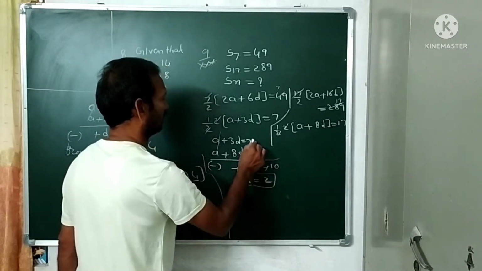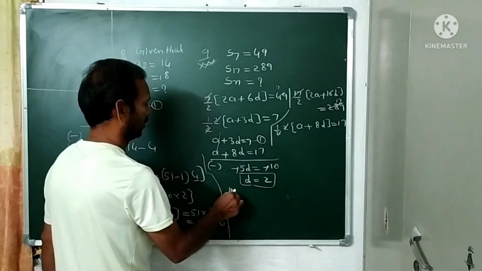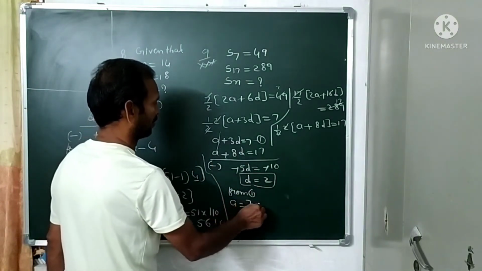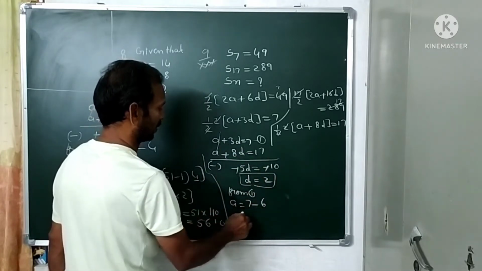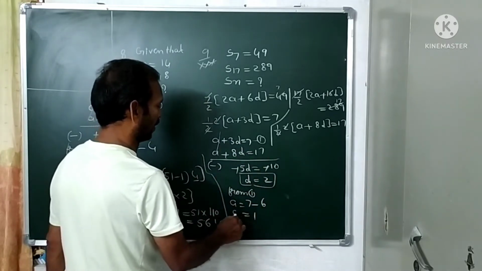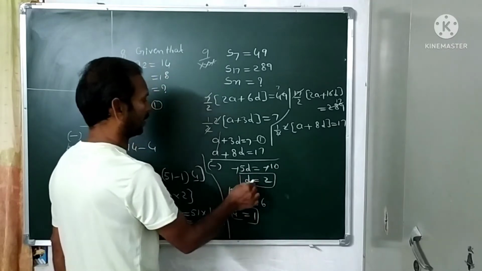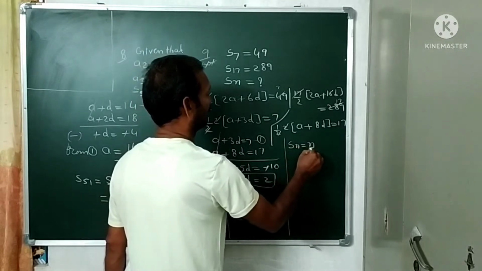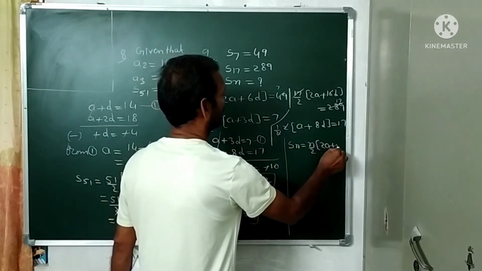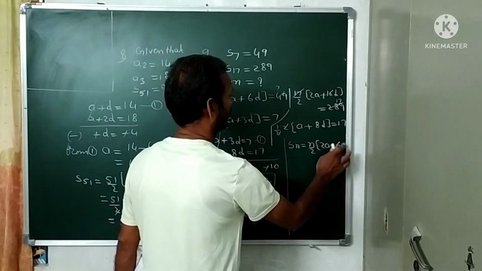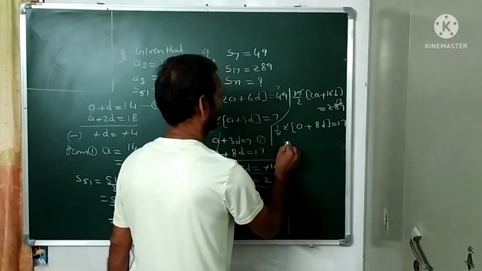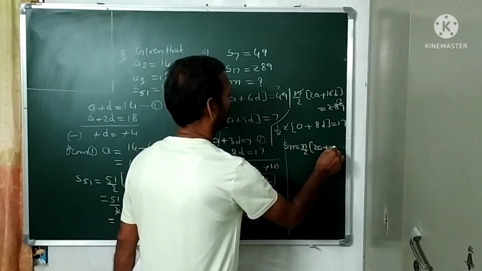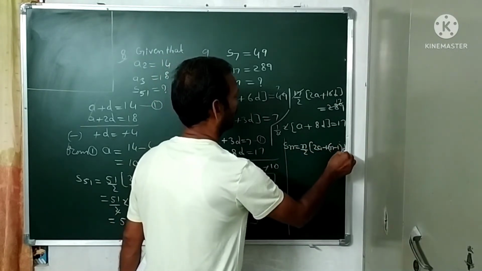After getting the d value, note this as equation 1. From 1, a equals 7 minus 3d, 3 times 2 is 6, so a is equal to 1. So a value 1, d value 2. Sn is equal to n by 2 into 2a plus n minus 1 into d.